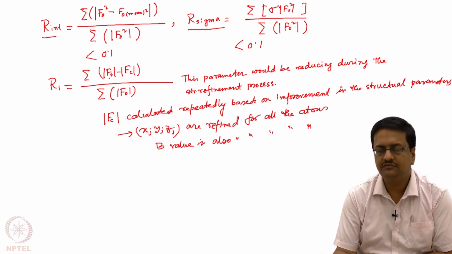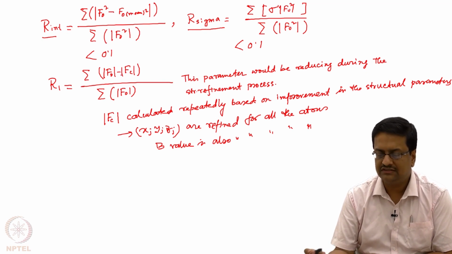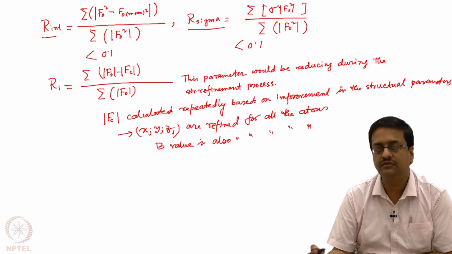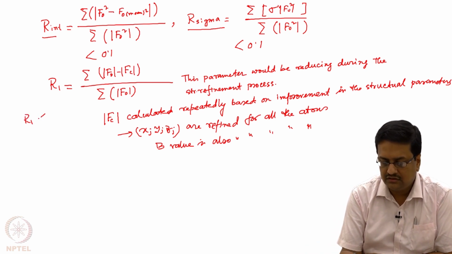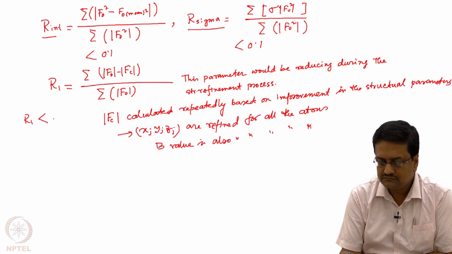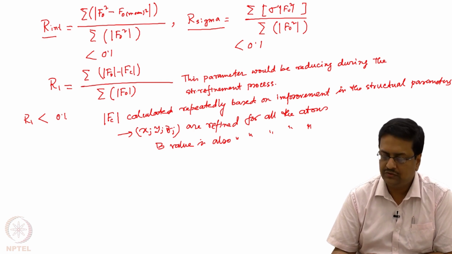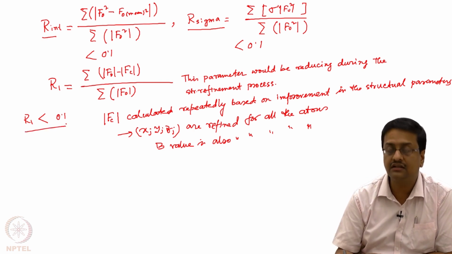So the difference between observed and calculated keeps on reducing. As a result, this parameter continues to reduce. Here also, this R1 should be less than 0.1 to be acceptable for publishable data.